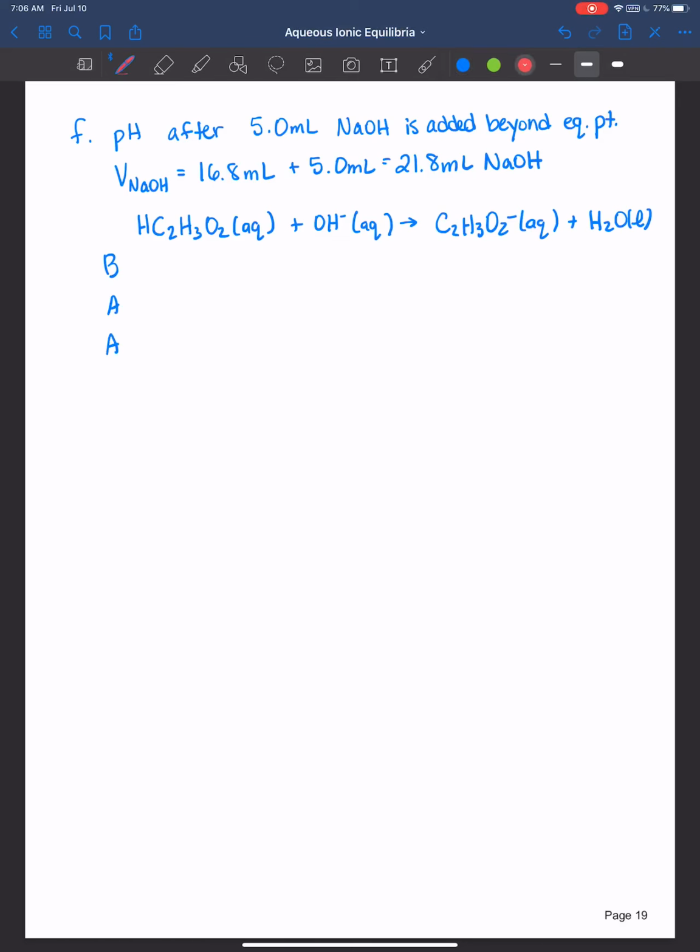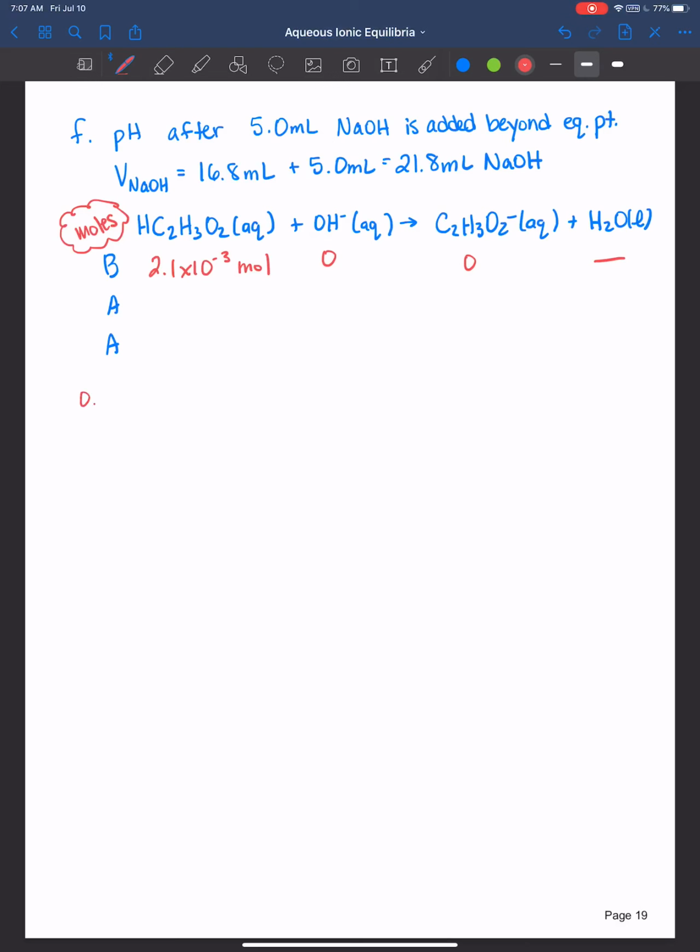We're always working in moles here. Initially, before addition, we had 2.1 times 10 to the negative third moles of acetic acid, 0 amount of the hydroxide, 0 amount of the acetate. Now we need to figure out the number of moles of the base that is added here. It's a 0.125 molar solution.